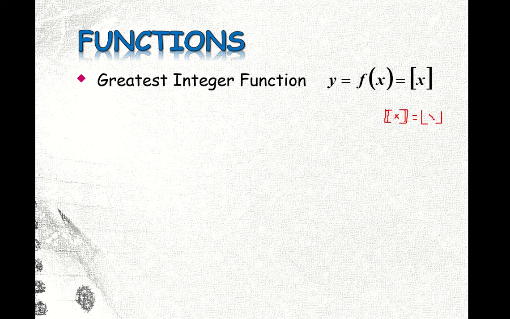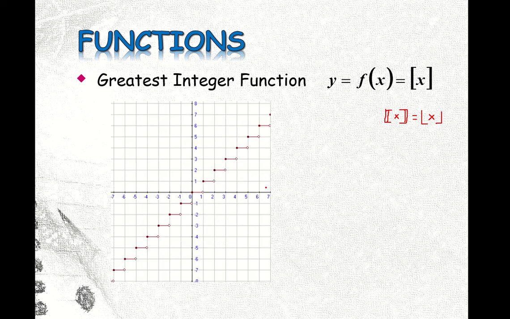So don't wonder why, when you read different resources, you will see different presentations or representations of the greatest integer function. And when you graph this function, you will see something like this. It's like a ladder.